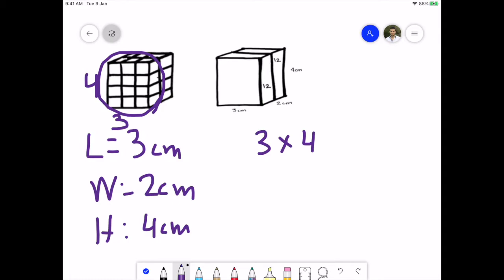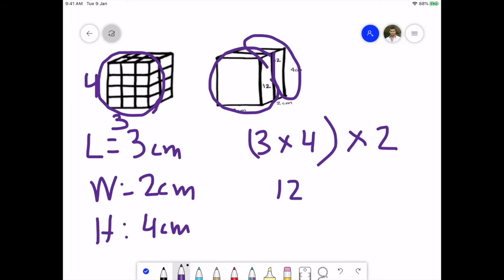As you can see better in my second shape, I have it once, and then I also have it twice. Here it is in the back. So it will be 3 times 4 and repeated twice. 3 times 4 is 12, times 2. Again, the volume of this rectangular prism is 24 cubic centimeters.